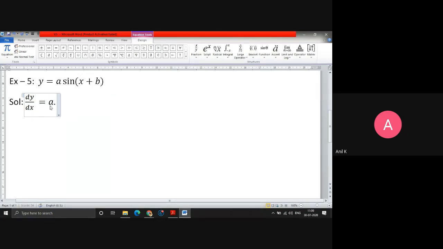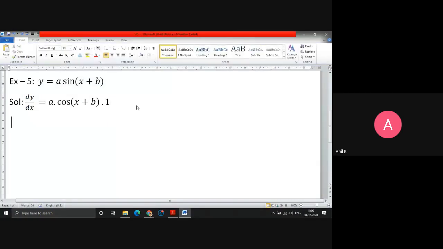So nothing to bother about the constant. The derivative of sine (x plus b) is cos (x plus b), into the derivative of x plus b. The derivative of x plus b is 1 plus 0, so nothing to bother about.